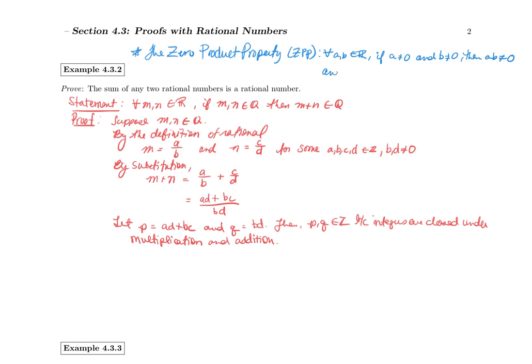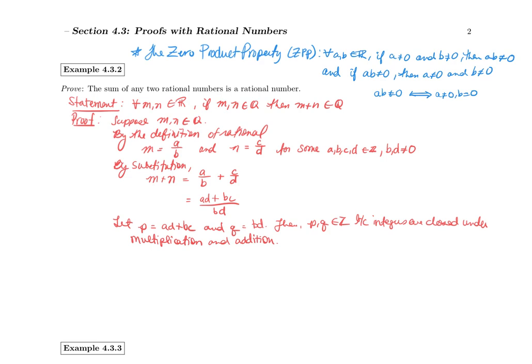And if A times B doesn't equal 0, then A doesn't equal 0 and B doesn't equal 0. This is the perfect example of a biconditional statement. It's also an if and only if statement. So what we're saying here is AB is not 0 if and only if A doesn't equal 0 and B doesn't equal 0.